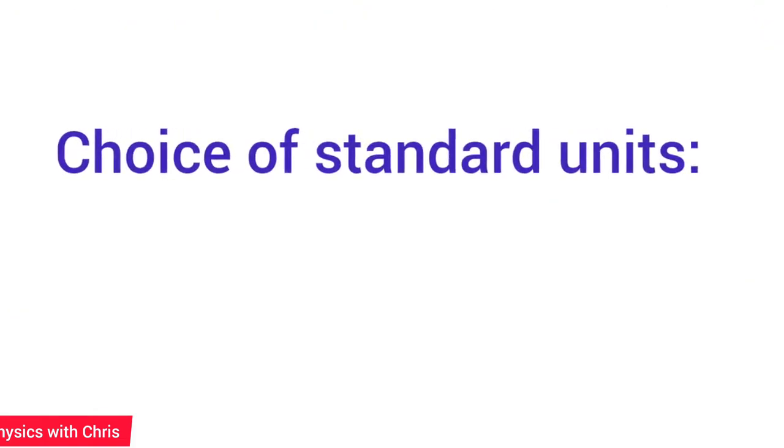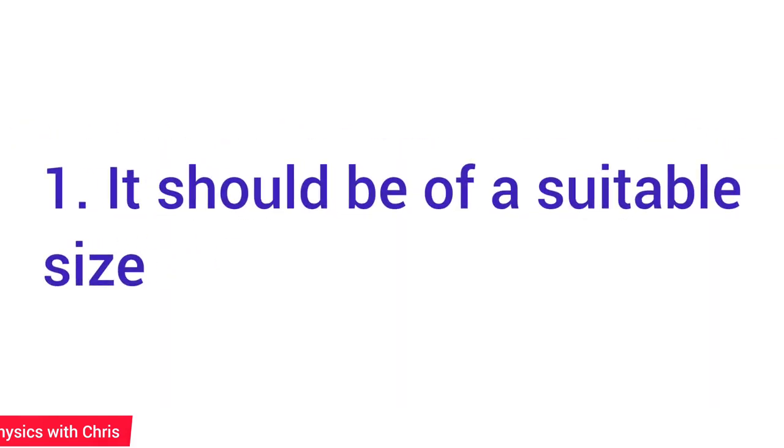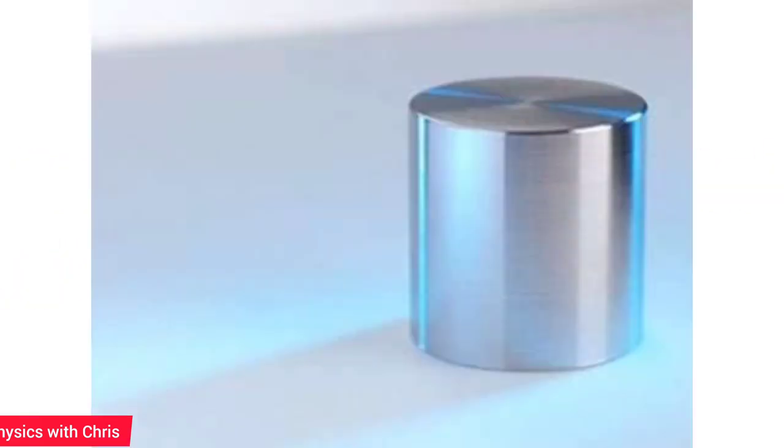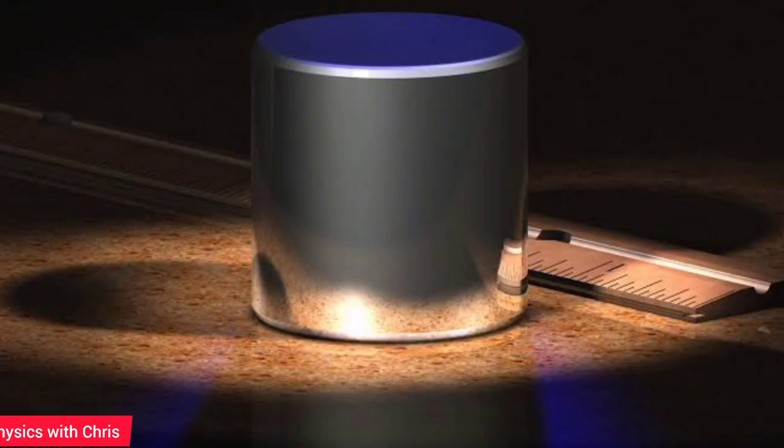Now, having said that, let's look at the choice of a standard unit. Number one, it should be of suitable size. If I choose the kilogram, for instance, as the unit of mass, I must define what a kilogram is. They can decide that this object, of this shape and of this dimension, let the mass of that object be defined as 1 kilogram.